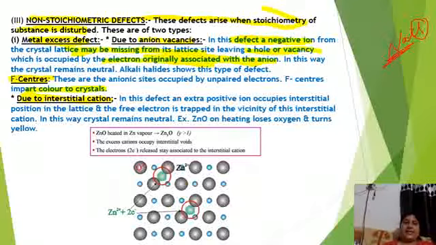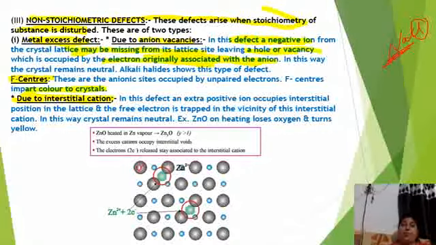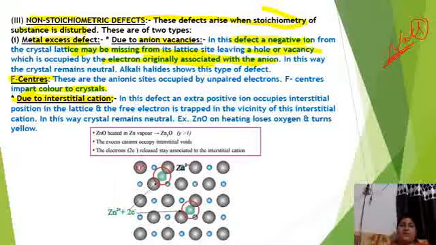The second part of metal excess defect is due to interstitial cation. Interstitial cation means the cation will be more, meaning an extra positive charge comes over here. For example, we take the example of zinc oxide. Okay. When we heat the zinc oxide, what will happen?